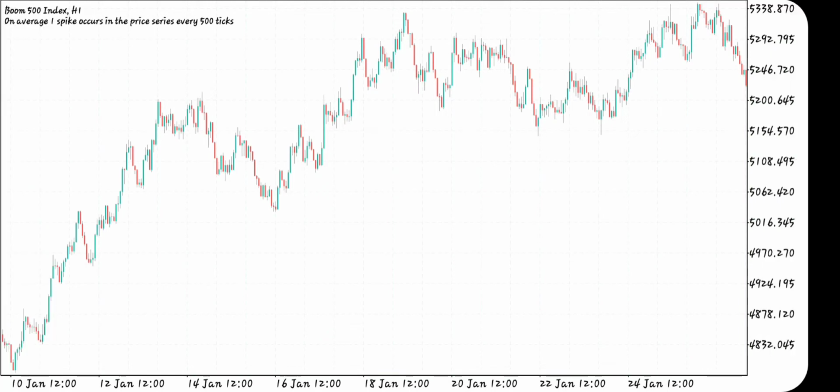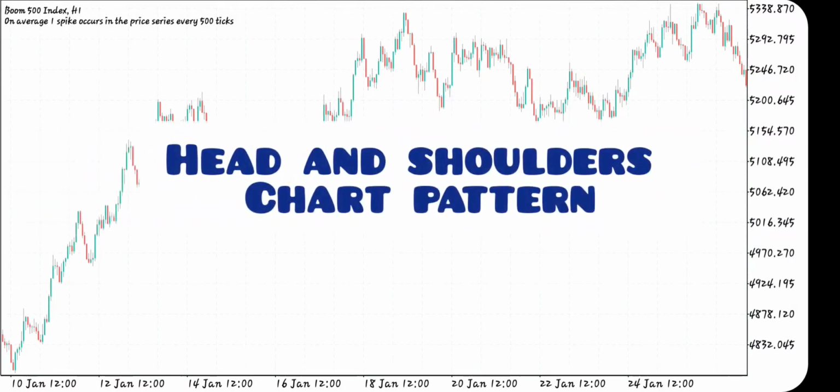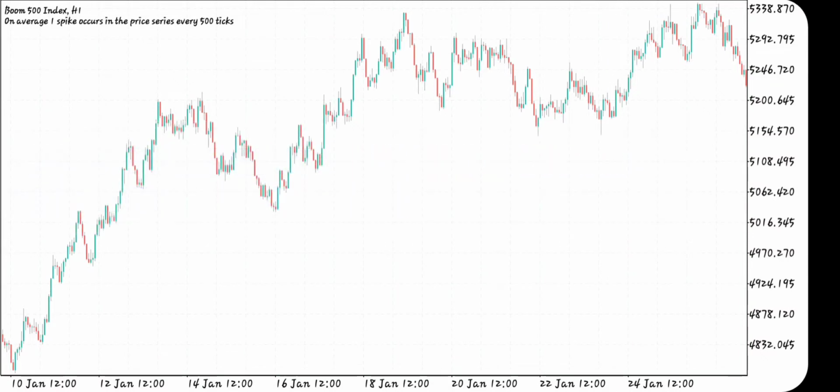The chart pattern we'll be talking about today is called head and shoulders. Many people may have heard of head and shoulders, and I'm very sure there are some beginner traders that are yet to even hear the words head and shoulders.